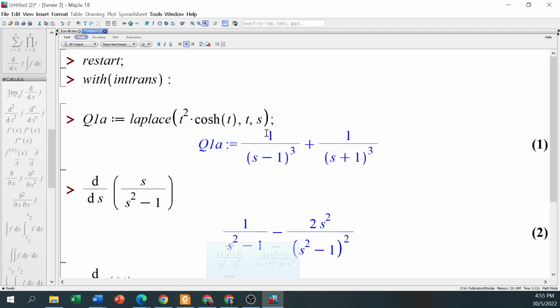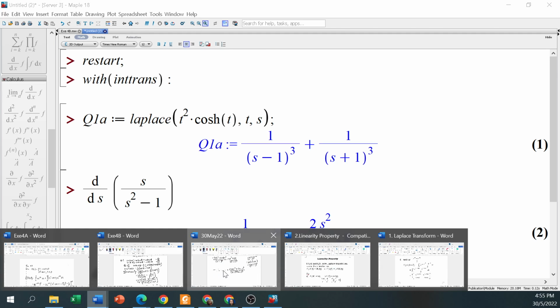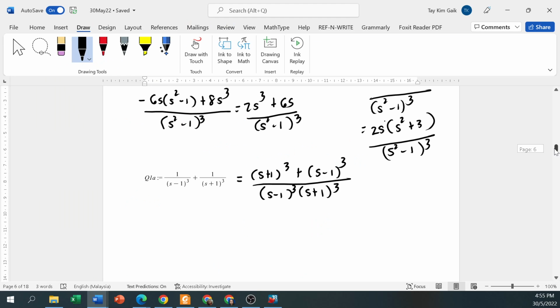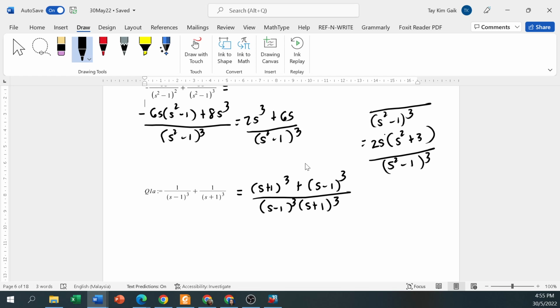Maybe you can prove by simplifying this one, to check whether this term equals to here. It means you have to expand s squared minus 1 cubed and this one, expand everything. Hopefully they tally.